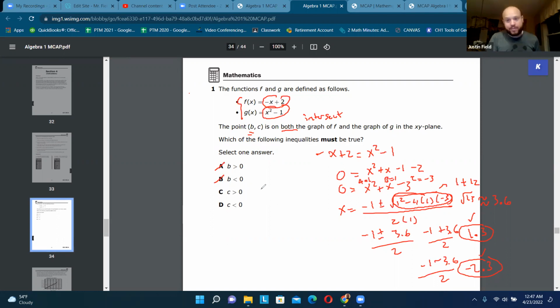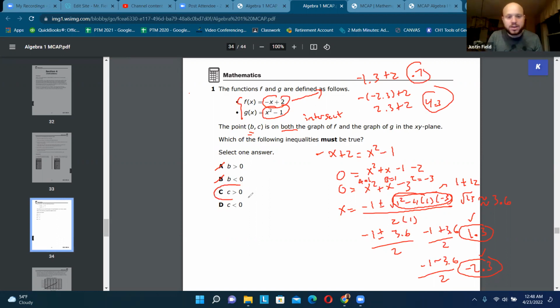So what about c? Now let's substitute, and we can choose either equation to substitute into. I'm going to choose the linear one. So let's substitute 1.3 plus 2 and -2.3 plus 2. -2.3 plus 2 is -0.3, and 1.3 plus 2 is 3.3. Hmm, so I see that in both cases, our y value is positive.